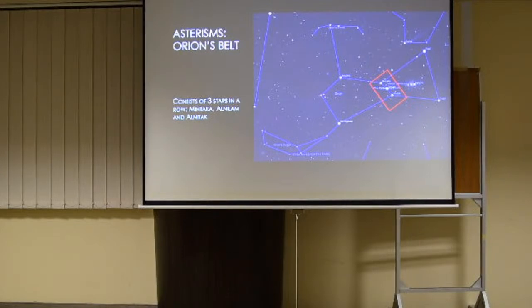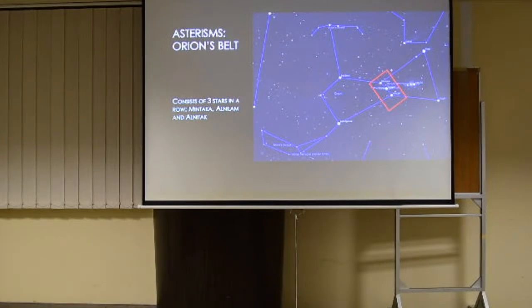Okay, so 1, 2, you. What might be an asterism? Yeah, I guess you're correct. An asterism is actually just a pattern of stars, but they are not formal constellations.